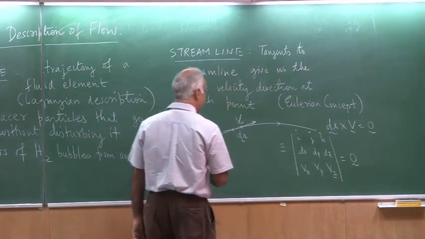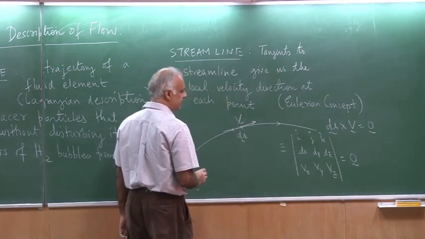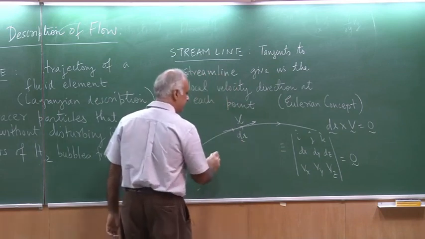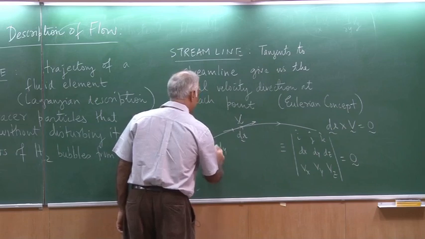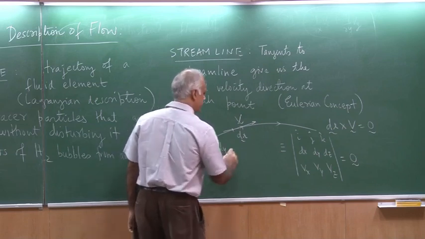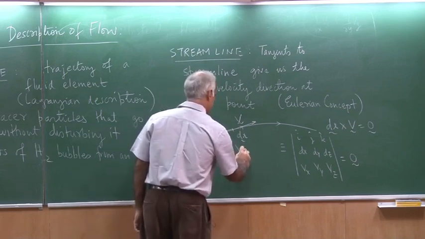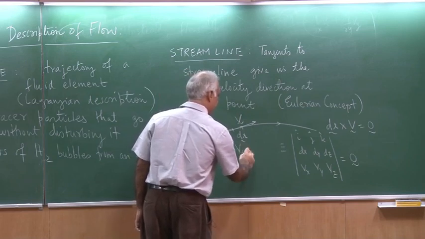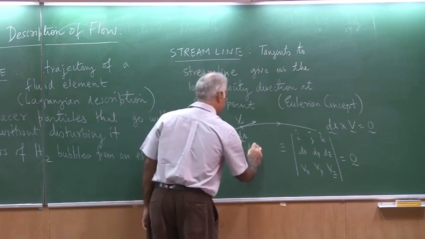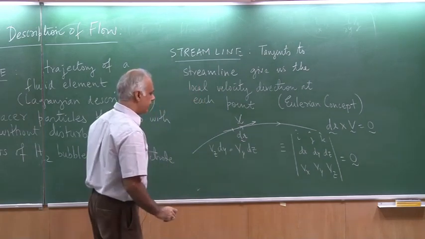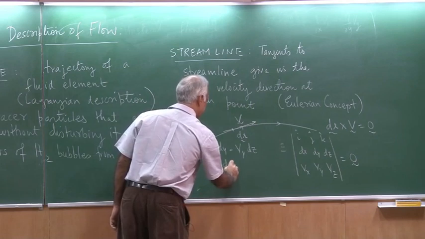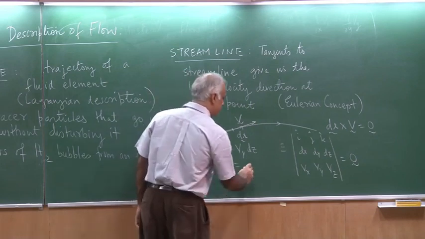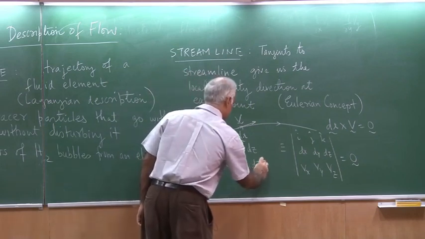And from this I would be able to see that I get 3 equations. So the first equation gives me that dy vz is equal to vy dz. The second equation would be vz dx is equal to vx dz.